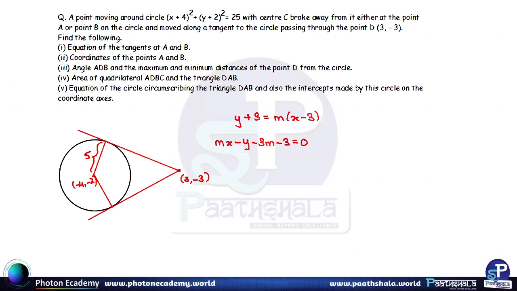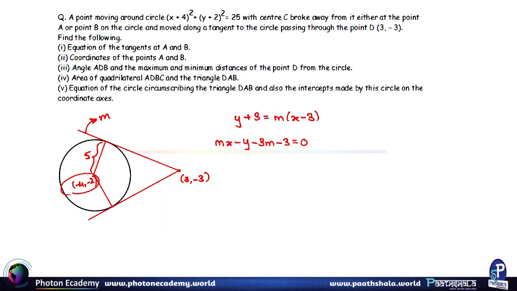Now we know that the slope of this line is m and that line passes through the point (3, -3) and its distance from the point (-4, -2) is 5. So let us apply the distance of a point from line formula.